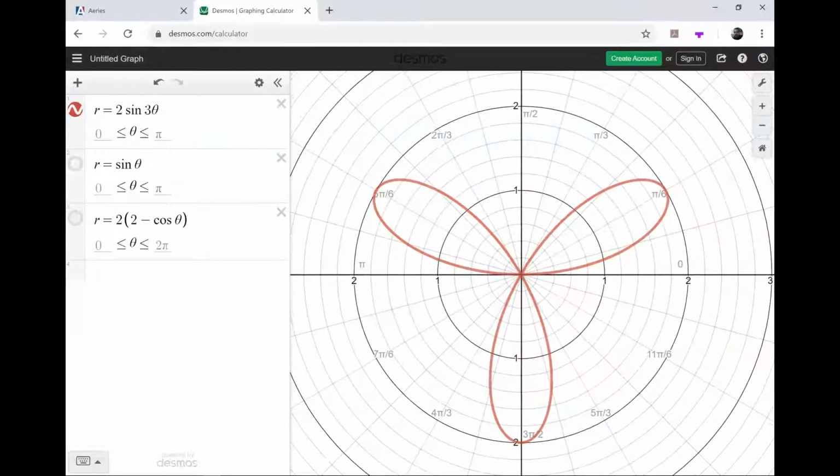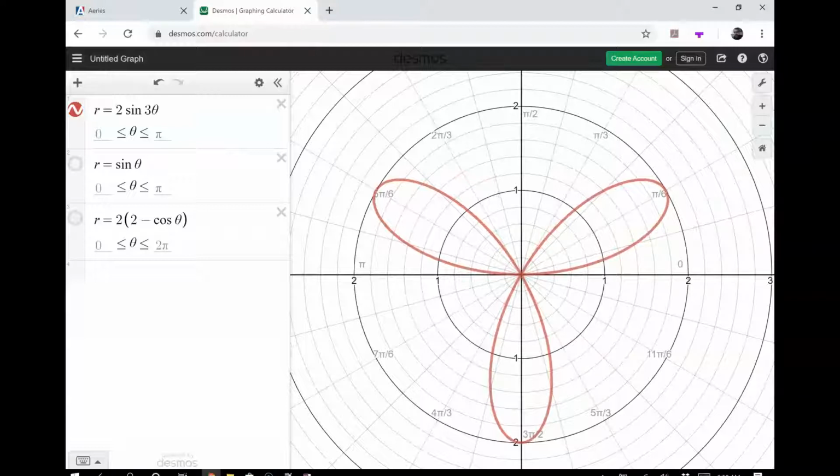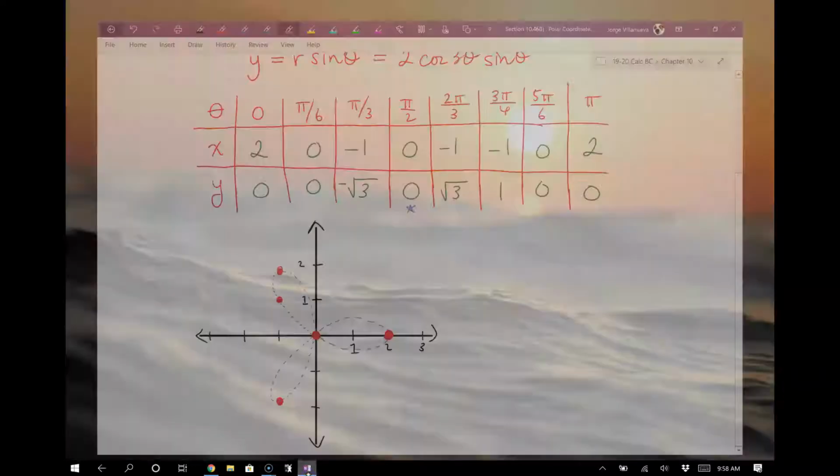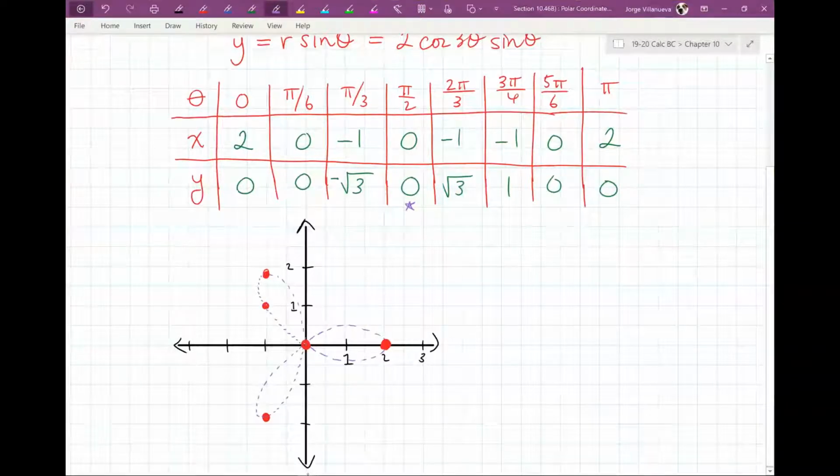I think this isn't rotated properly. Yeah, it's supposed to be the way I have it, like that. I didn't do it with radians, which Desmos doesn't allow me to do, so I think that might be why it's a little off. But yeah, I'm just showing it round-wise.